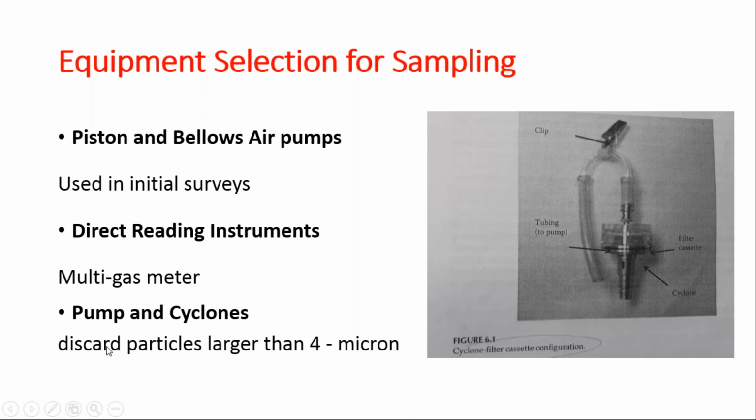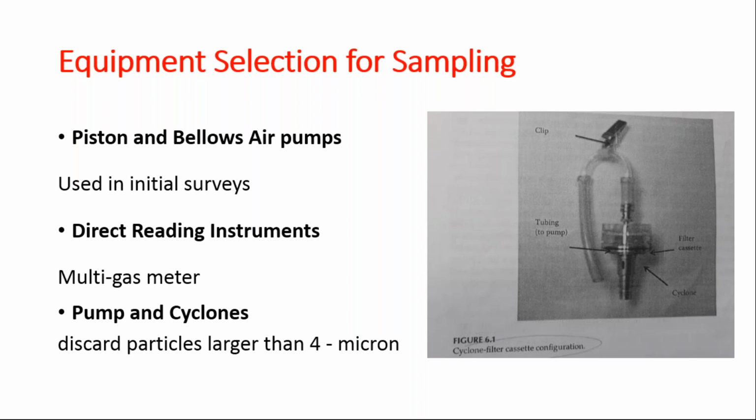In such type of equipment, we use pump and cyclone in combination. What's the function of the pump? The pump circulates the air, to make some flow of the air. And what is the function of cyclones? Cyclones rotate the air in cyclone form, in helix form, in circular form.